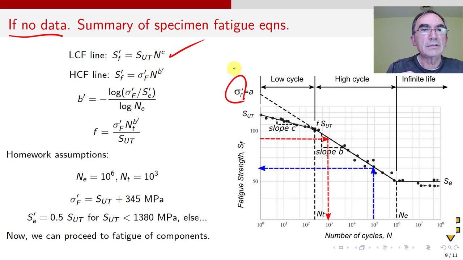And then b prime, we have a formula for that, done. f, we have a formula for that, done. And this is what I call homework assumptions, which are 10 to the 6, 10 to the 3, this equation and this other equation. If all this stuff is true, then we are done with the specimen.